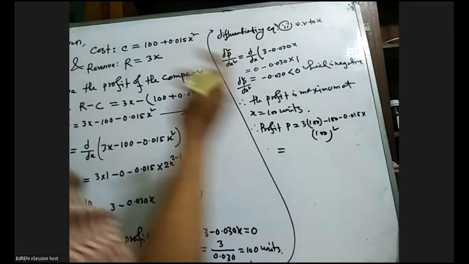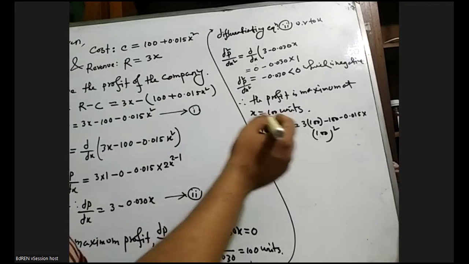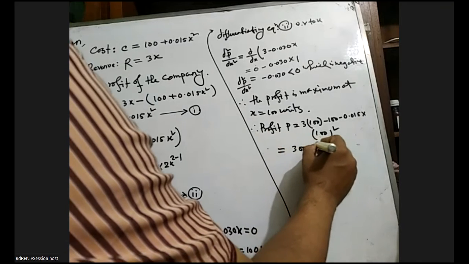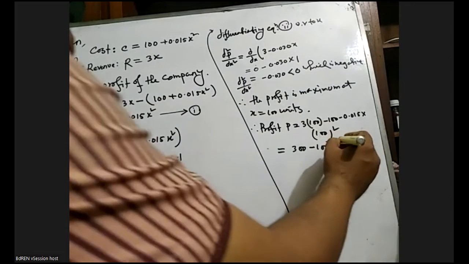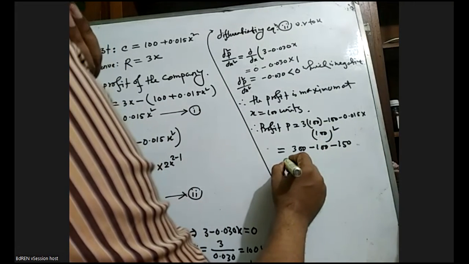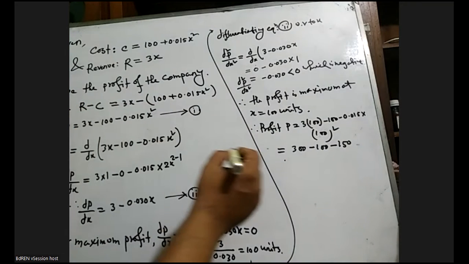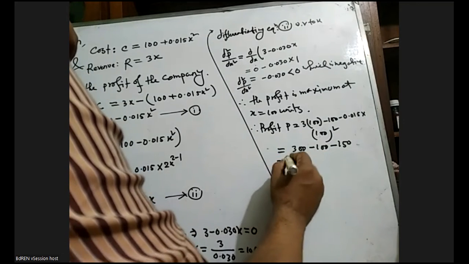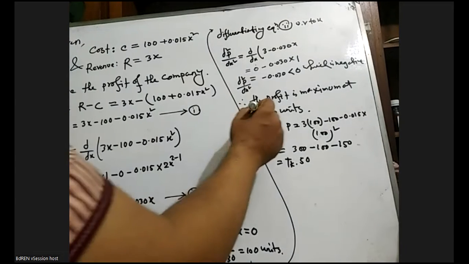This equals 300 minus 100 minus 150. So we get only 50 taka. This equals taka 50 will be the profit for 100 units.